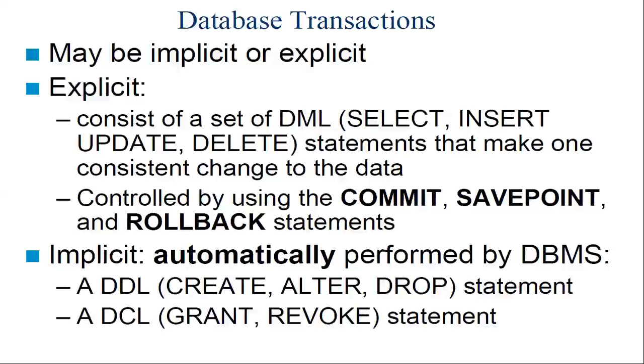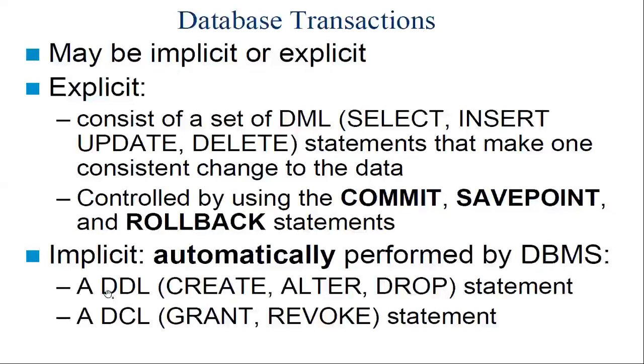In an implicit transaction, the database management system itself automatically performs the commit or rollback of the particular transaction. Generally this automatic, implicit transaction is done by the database management system that you are using.